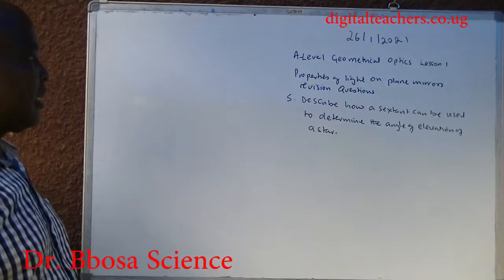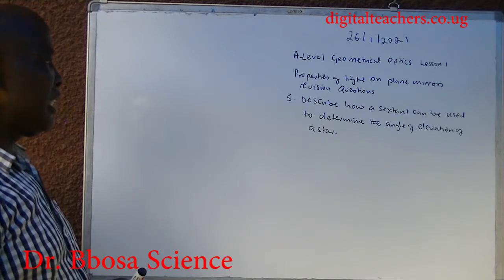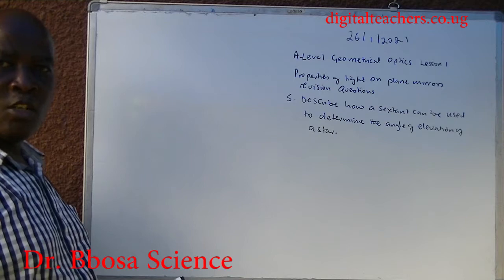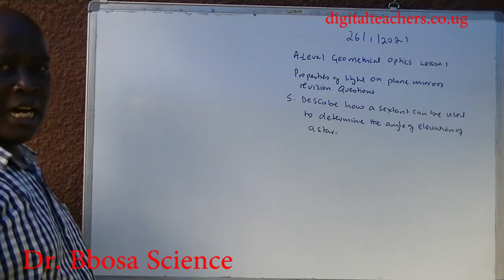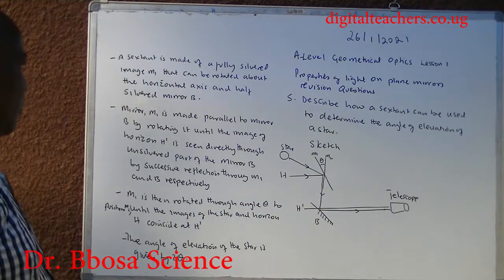Number 5, describe how a sextant can be used to determine the angle of elevation of a star. You can pause and answer. A sketch is given below.